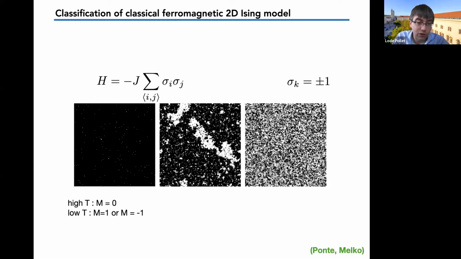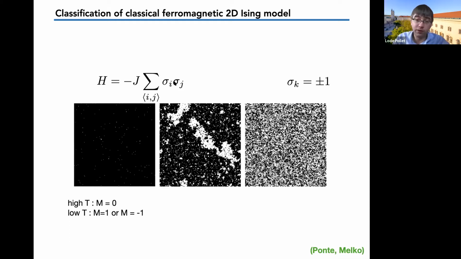Most of the dots are black, and there are a few white dots. And on the right, you see something that is disordered. You have probably as many white and black without correlations between them. And in the middle, you see large domains of white and black regions. So you get large domain walls. This is definitely in the critical region, close to the phase transition.